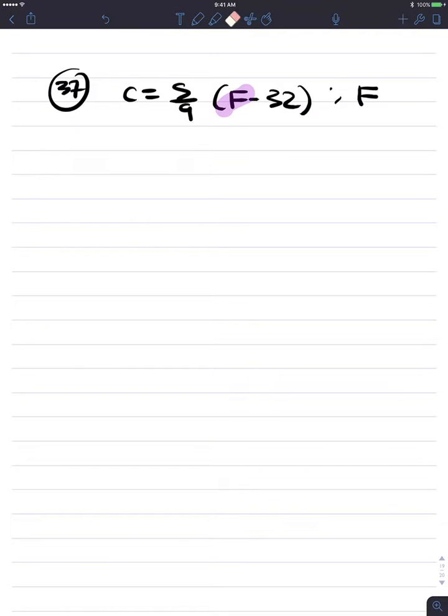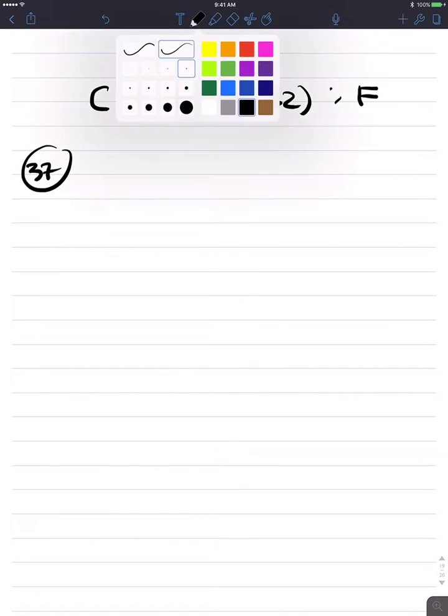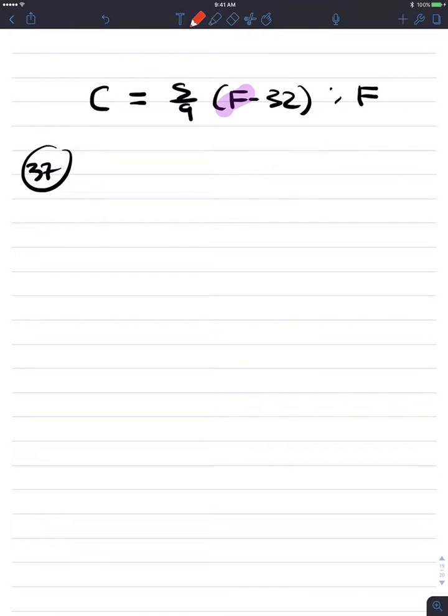So here's what we're going to do. Let me clean this up here for 37. This is 37. We're going to start by multiplying both sides by the reciprocal of 5/9, which is 9/5.